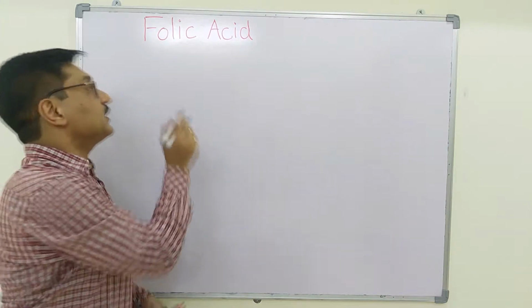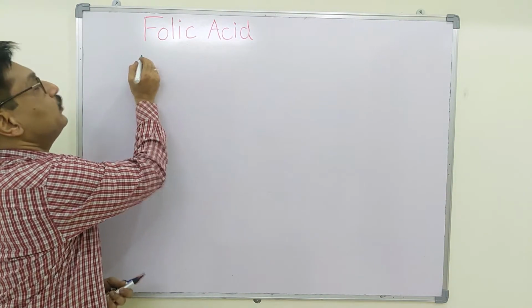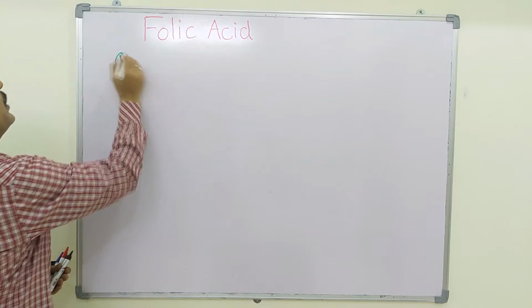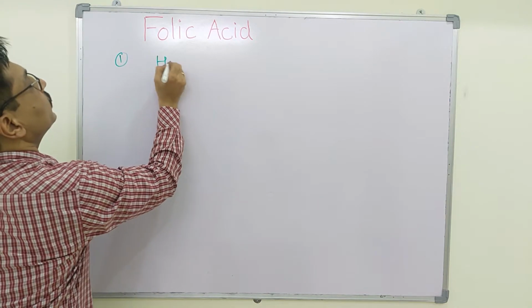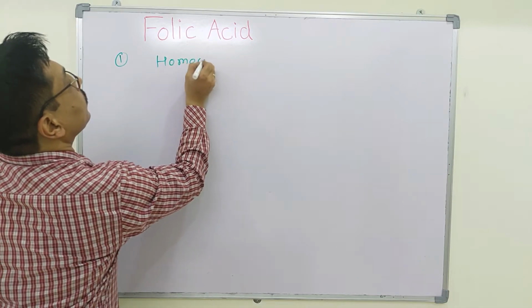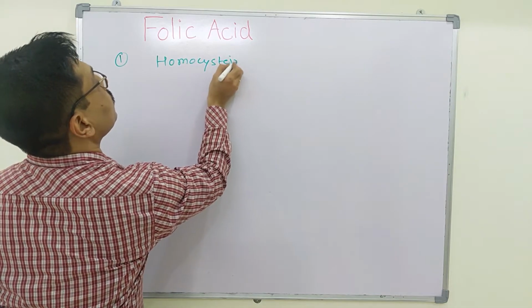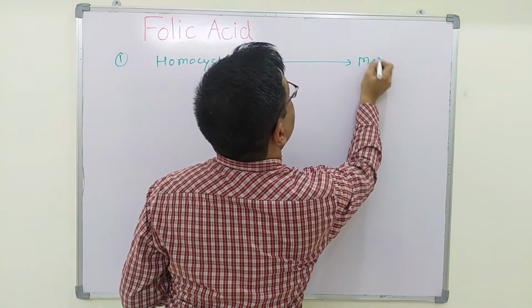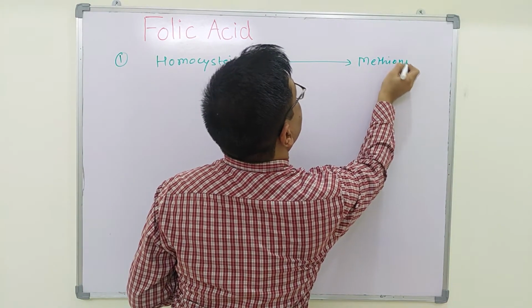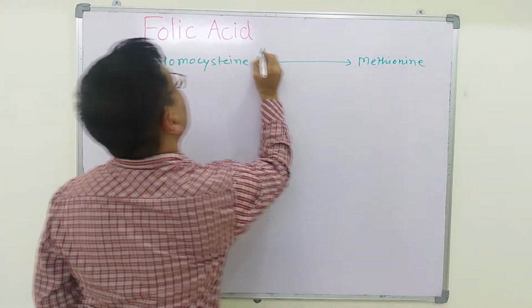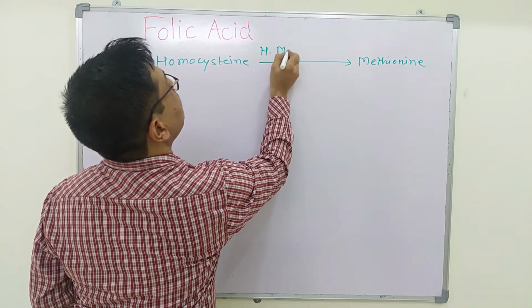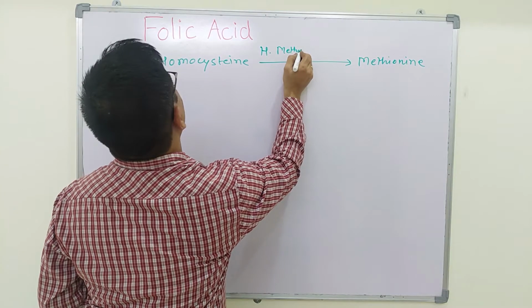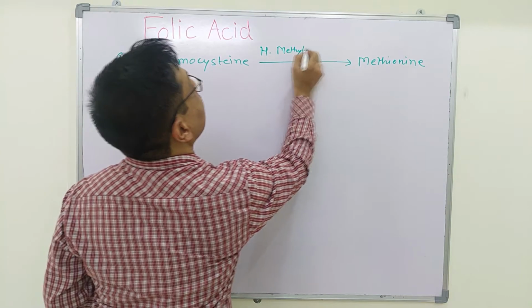Now coming to the reactions in which one carbon unit is utilized. The first and important reaction is homocysteine is converted into methionine with the help of homocysteine methyltransferase.